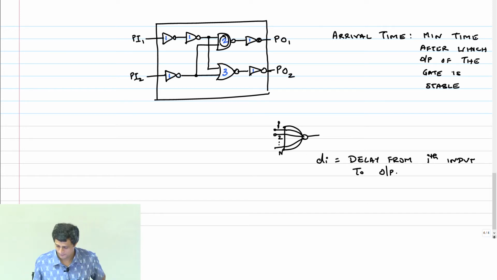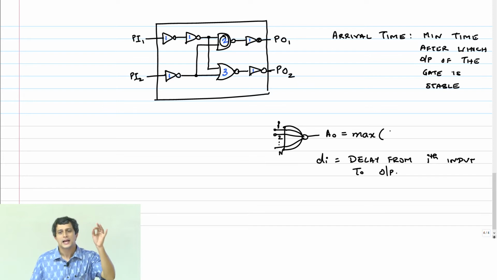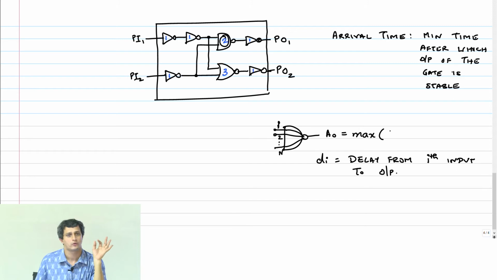But the arrival time at the output of this gate, therefore, will be what? Maximum of arrival time at the ith input plus the delay from the ith input to the output. So this is arrival time at the ith input plus di.